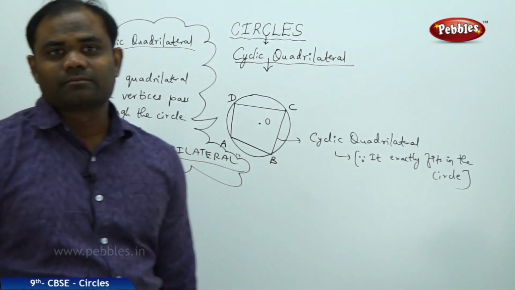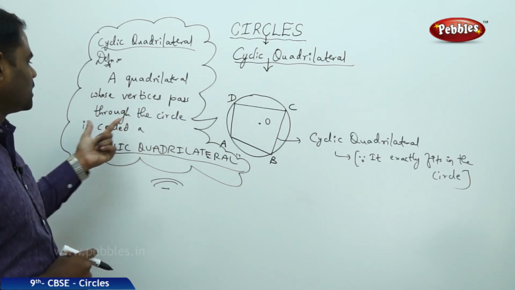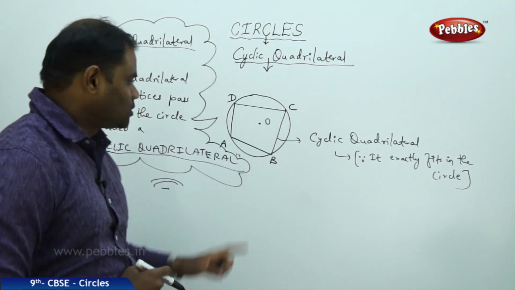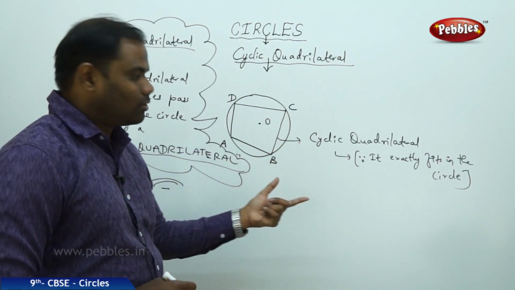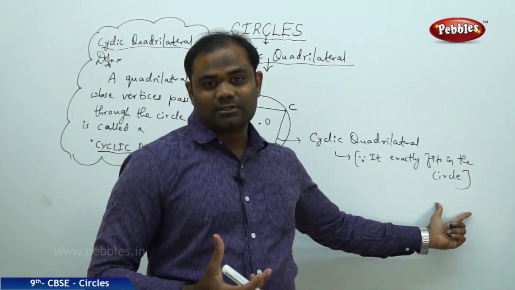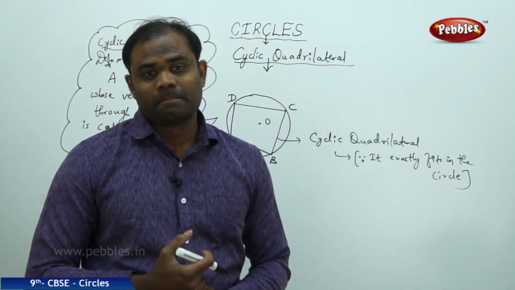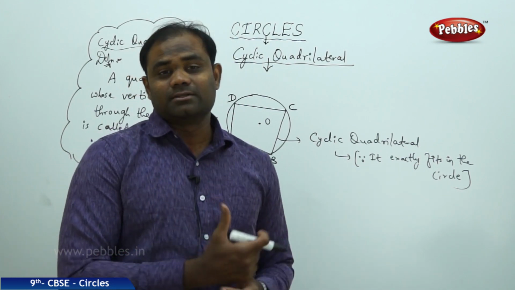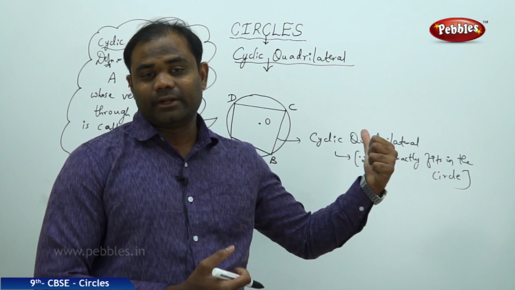ABCD is a cyclic quadrilateral because all the four vertices A, B, C and D pass through a circle. Or in other words, this quadrilateral ABCD exactly fits in the circle, and hence such a quadrilateral is called a cyclic quadrilateral. Every quadrilateral is not cyclic, only a few of them fit exactly in the circle.